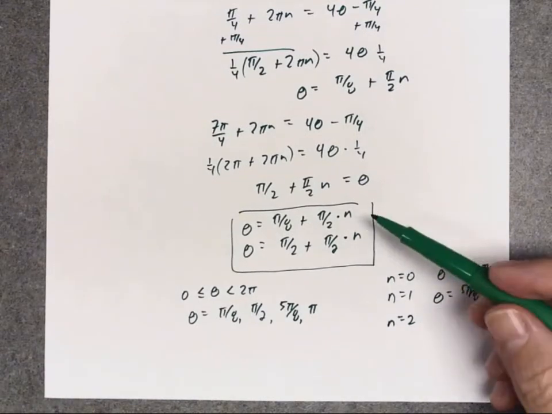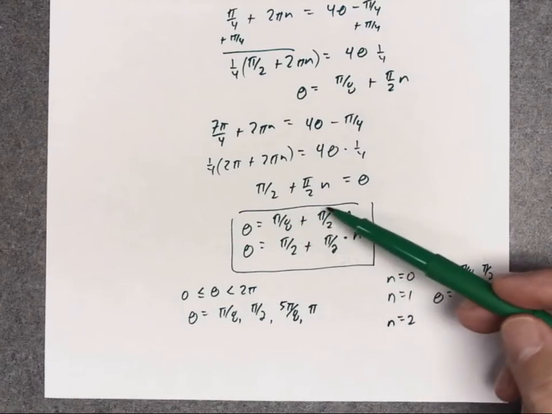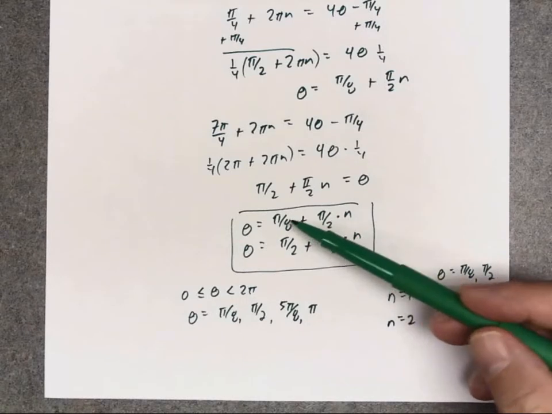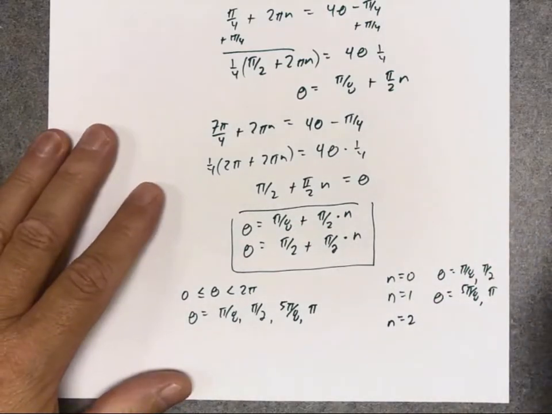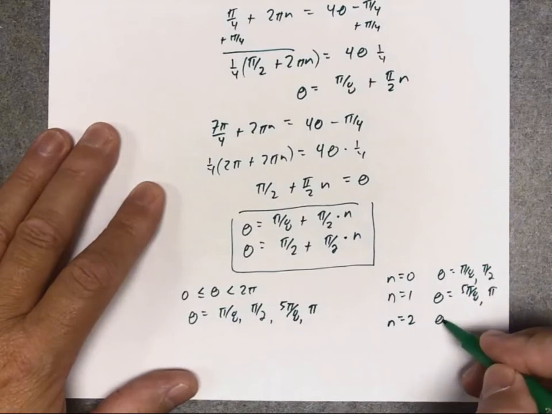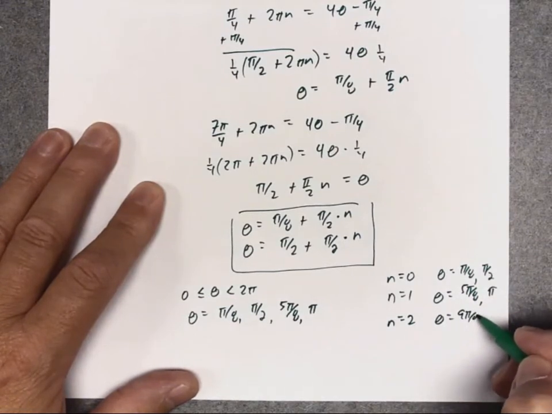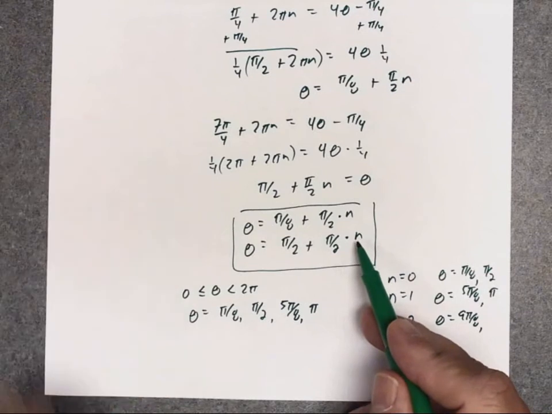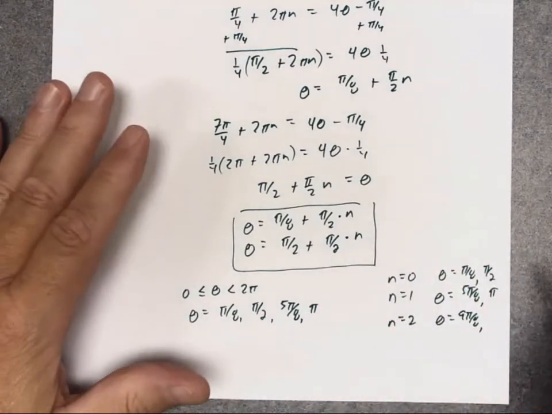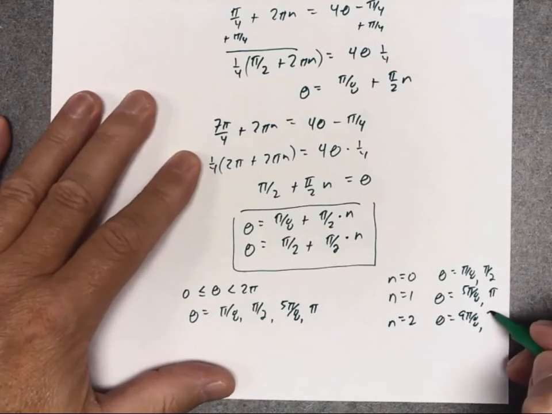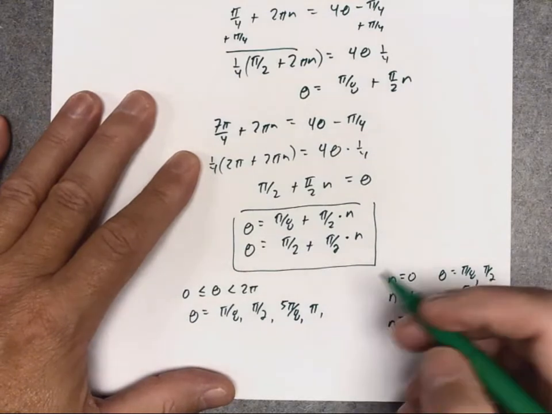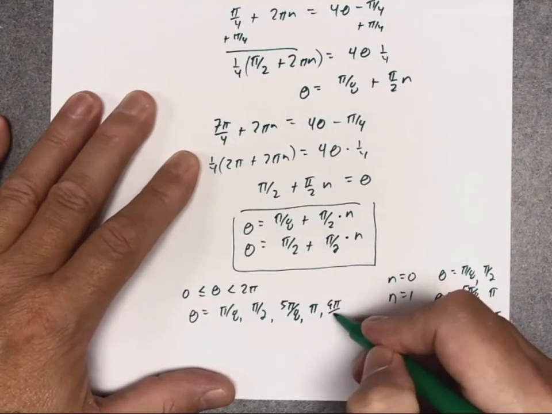Now when n is 2, it's going to be pi over 8 plus pi over 2 times 2, which is pi. Pi over 8 plus pi, it's like 9 pi over 8. And here, when n is 2, pi over 2 plus pi, isn't that 3 pi over 2? Wow. We're up to 6 solutions, because these are all less than 2 pi.